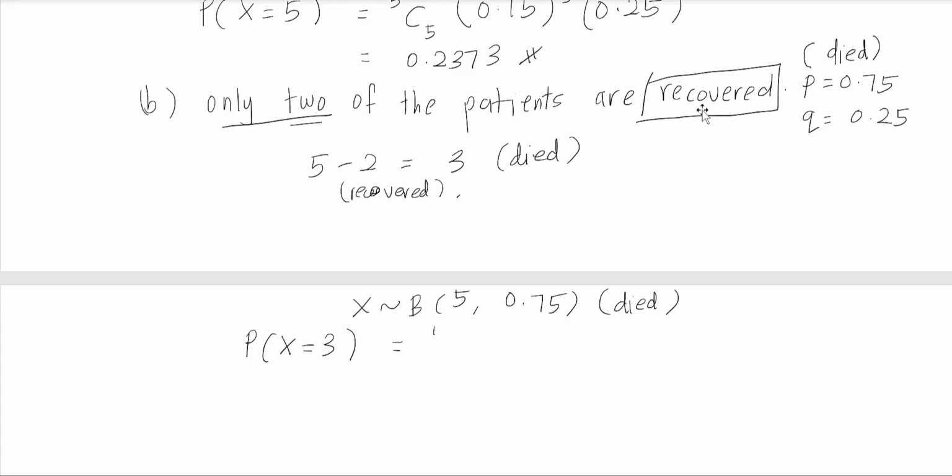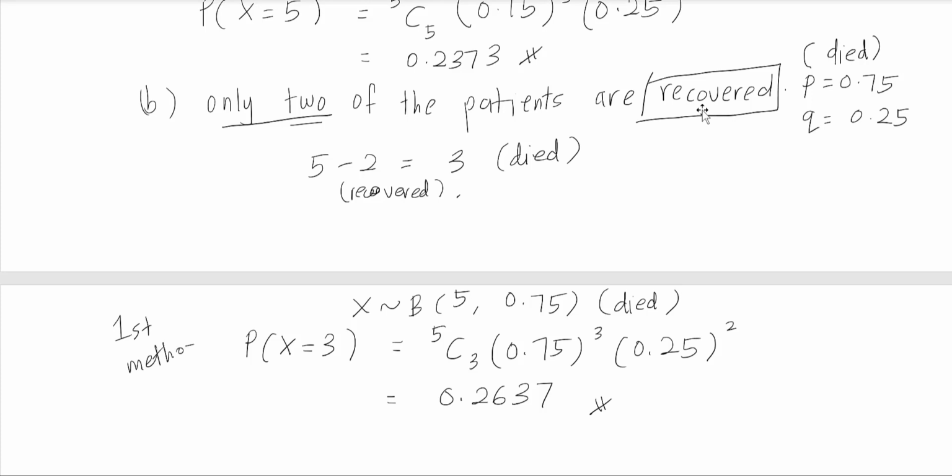Our n is 5, our x is 3, our p is 0.75, we have q 0.25, and n minus x is 5 minus 3, we have 2. So we solve this and we get 0.2637. Now this is the first method.